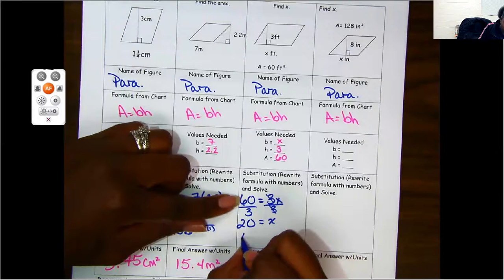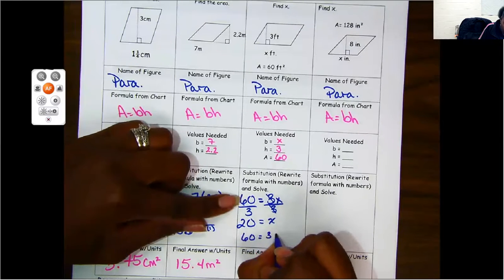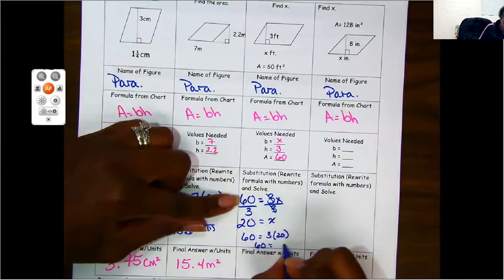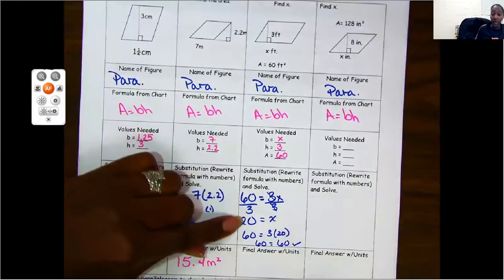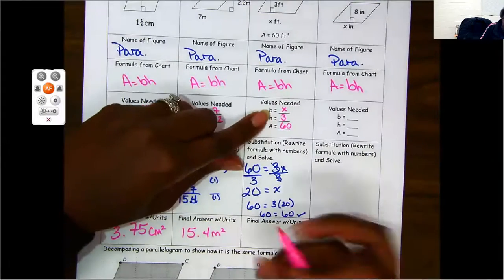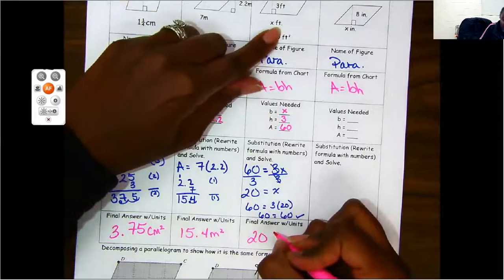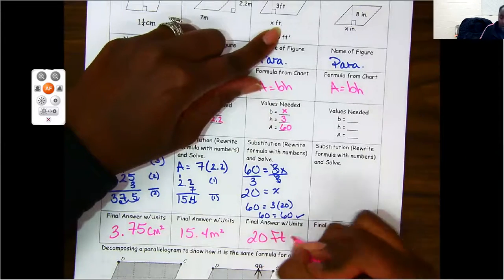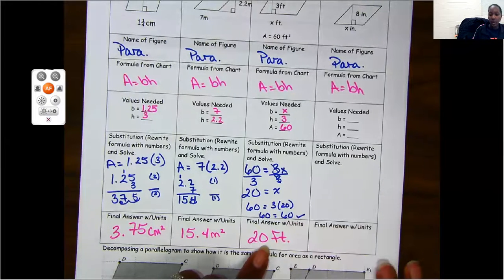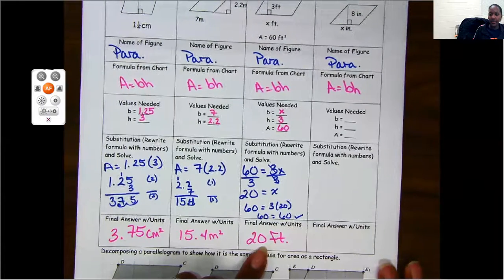So we're going to rewrite 60 equals 3 times 20. 60 equals 60. So 20 is correct. Since this was just a missing unit, I'm going to put 20 feet. Remember, we only put squared if we're looking for the area. Okay, this was just a missing base.